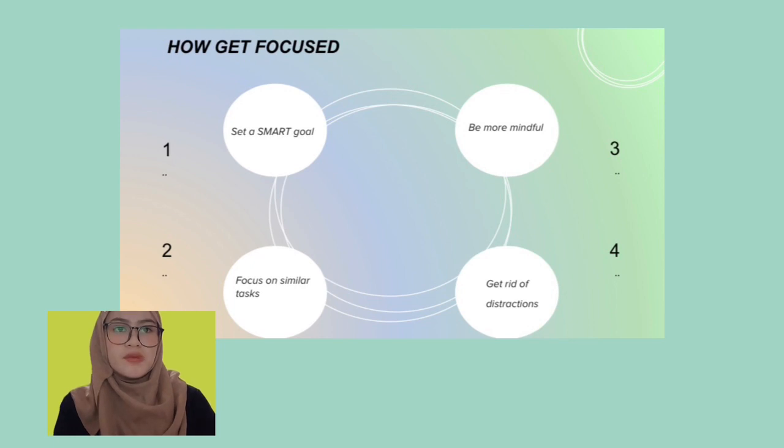Thirdly, be more mindful. Your mind tends to wander away from where it's supposed to be. You're definitely not alone. Distracted thinking is common and something we all experience. However, this short mental vacation often makes it hard to focus on the task in front of you. That's where mindfulness comes in. Lastly, get rid of distractions.